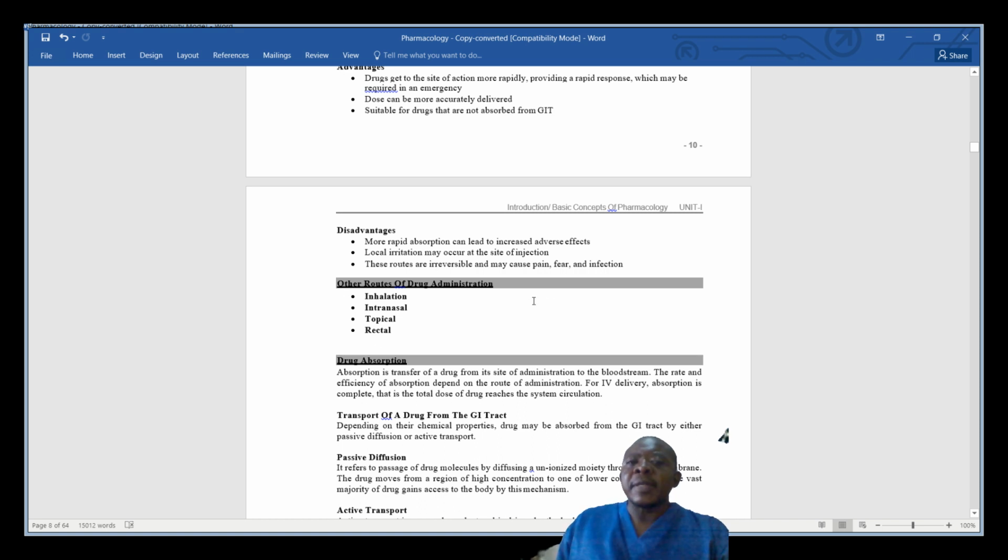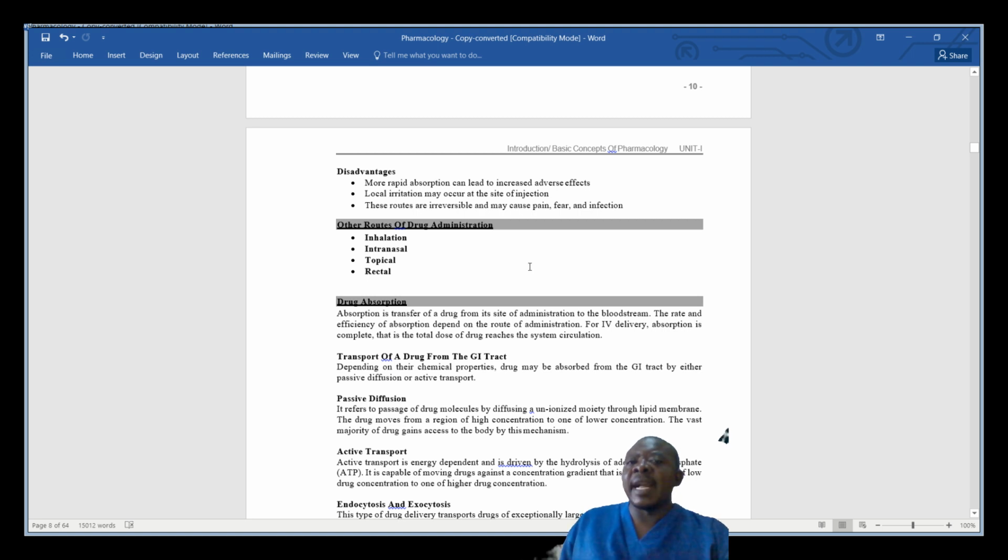Now, talking about other routes of drug administration, we said there's inhalation, where someone just breathes in the drug, like in an asthmatic attack, Ventolin, someone just breathes in in order to have the effects. Drugs can also be given intranasal, that is in the nose; topical, that is applied on the mucous membrane or on the skin; or rectal.